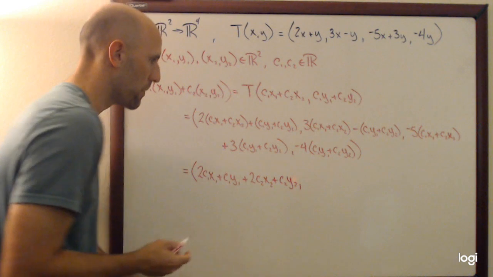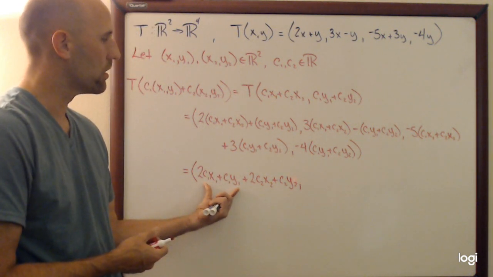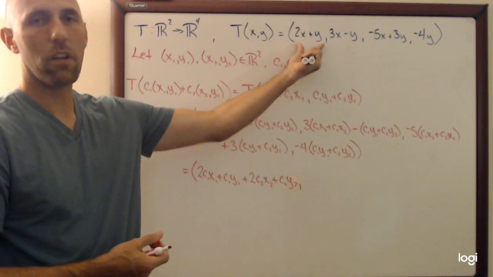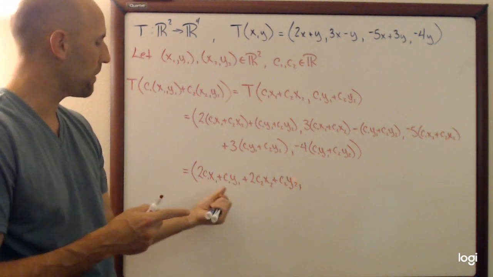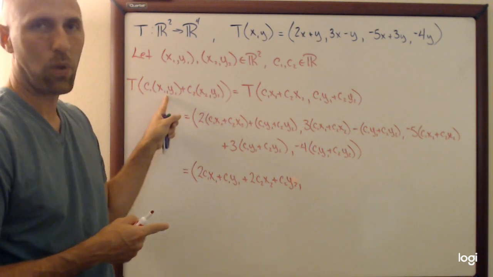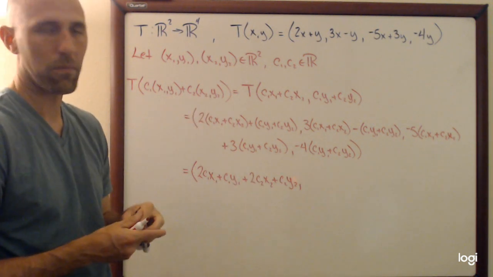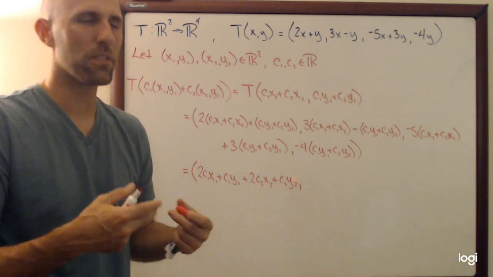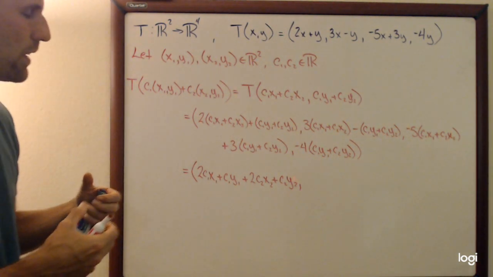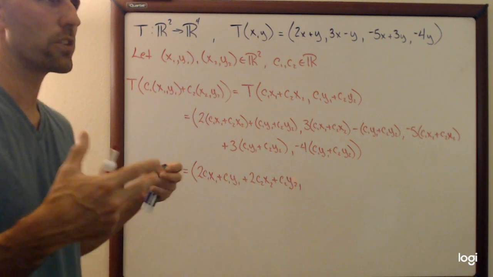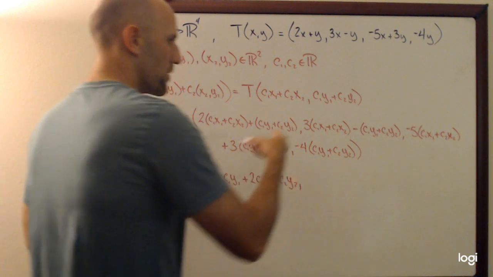Before I do the rest, look at what I have. This is the structure of the first component, except it's the structure using exclusively the values from vector 1. Same structure, but using the values from vector 2. I'm trying to set up having these two things separated, so I've got 2 transformations, one for my first vector, one for my second. So I'll do the same thing over here.